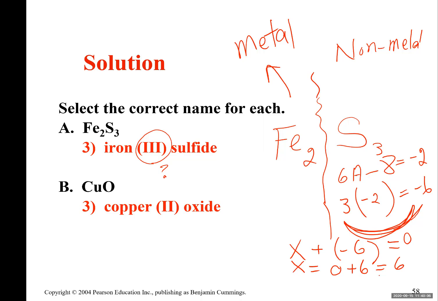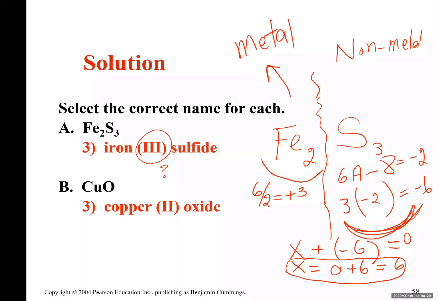So the total charge of 2 iron is 6. What is the charge of 1 iron? Plus 3. That's how you know. So, a simple algebraic equation. We want to make sure we know the charges of positive and negative in an ionic compound must add up to be 0.